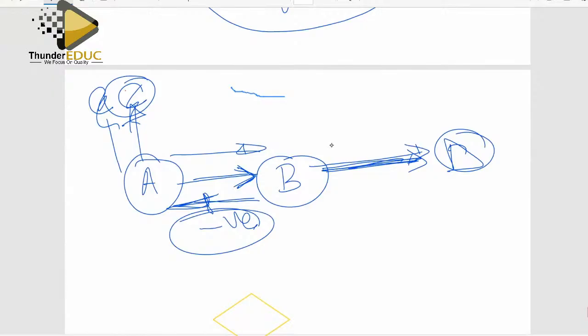Therefore, it becomes a negative feedback. If I continue going in that direction, it is the same direction as the first one, so it becomes positive. So we don't talk about positive feedback mechanism. We talk about negative feedback mechanism. Why? Because the negative feedback mechanism will oppose the direction.